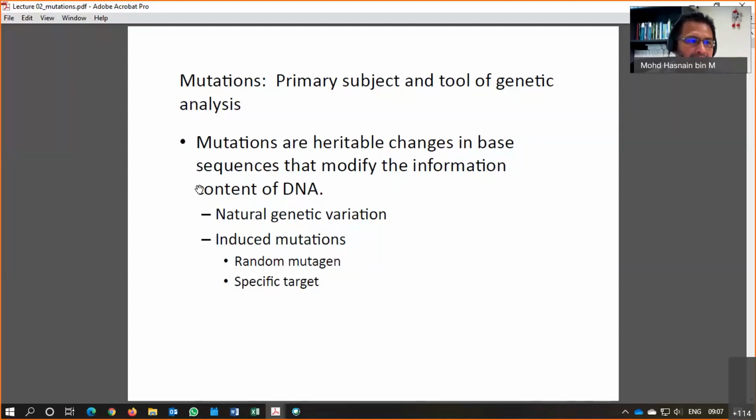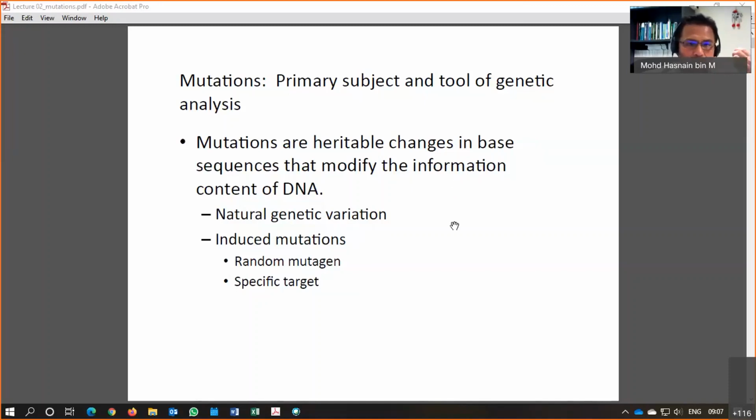The normal mutation that you can see usually inherited is a mutation that occurs on the DNA. So that is a DNA mutation rather than a chromosomal mutation. Can you figure out the difference between these two? That is the difference between chromosomal mutation and DNA mutation. In this lecture, we are dealing mainly with the DNA mutation, which is also a subject and tool of genetic analysis.